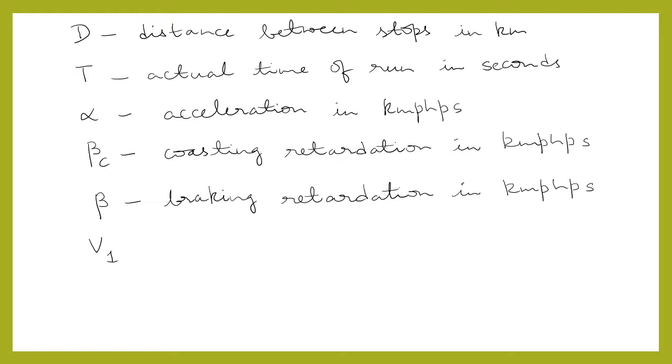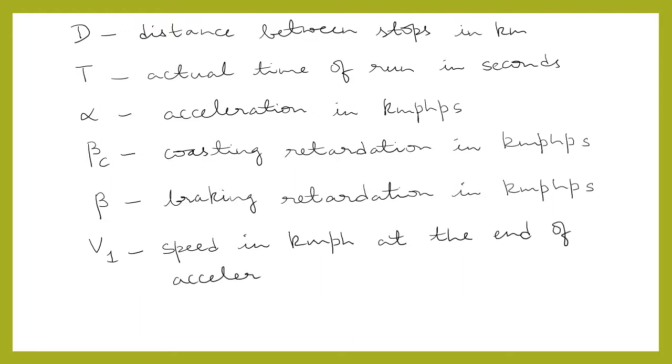V1 is the speed in kilometer per hour at the end of the accelerating period, which is denoted at the point A in the curve.